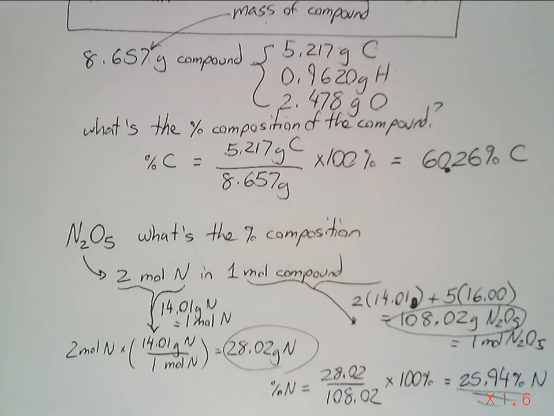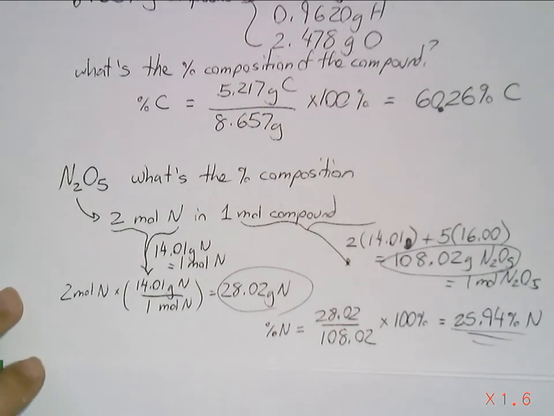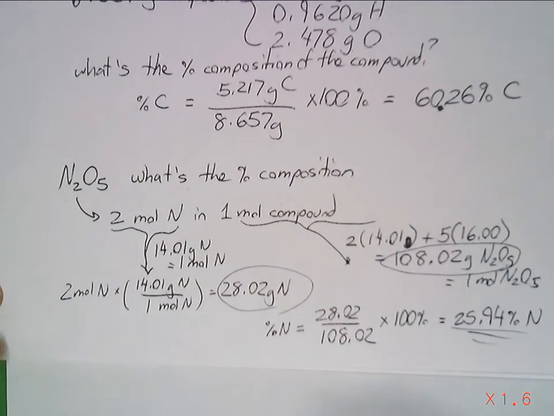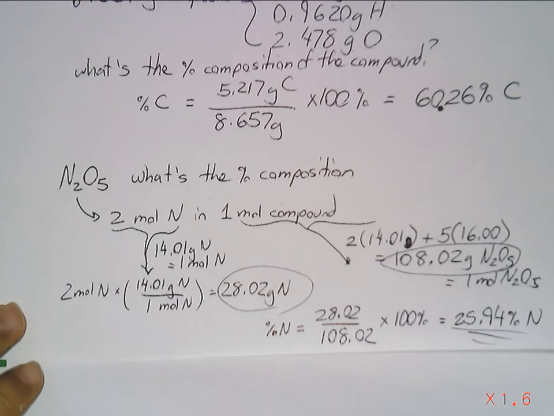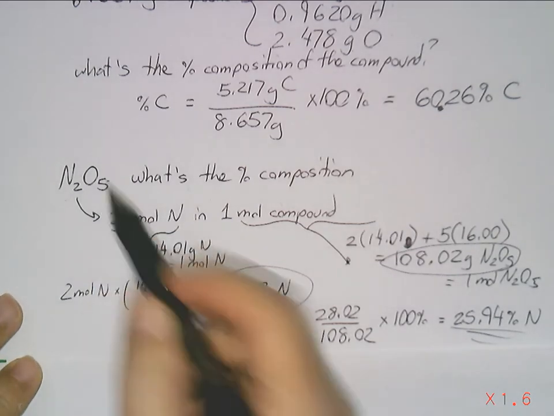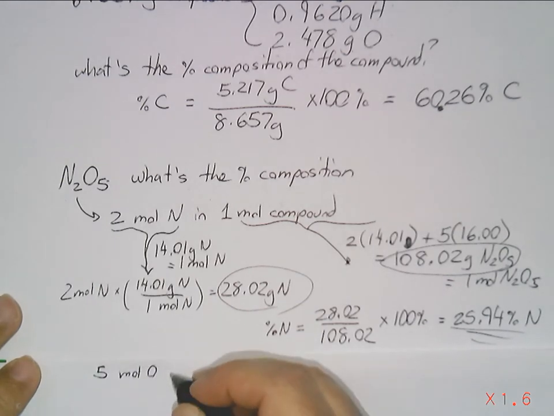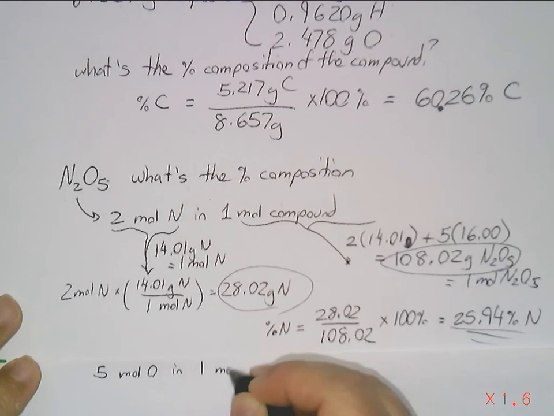All right, so how do you find the percent oxygen? Now we could go through the same procedure here. We could say, well, this formula tells us that there are 5 moles of O in 1 mole of compound.